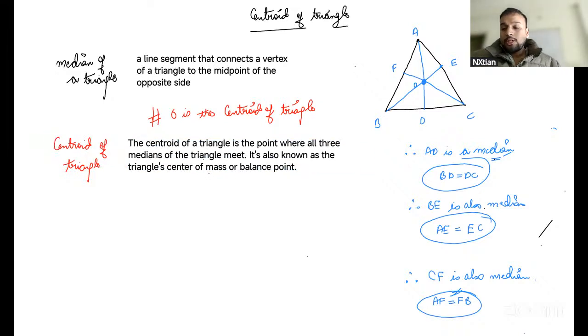The centroid of a triangle is the point where all three medians of a triangle meet. So AD is a median, CF is a median, BE is a median, and they are meeting at O. That point is called the centroid of a triangle. Did you understand, guys? Okay, write it down quickly.